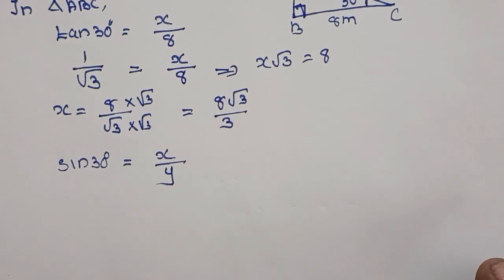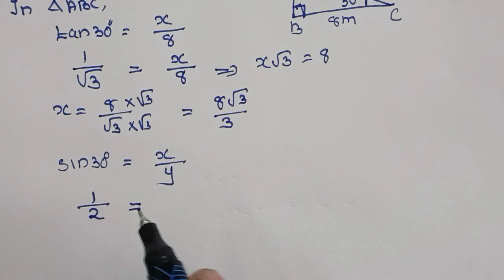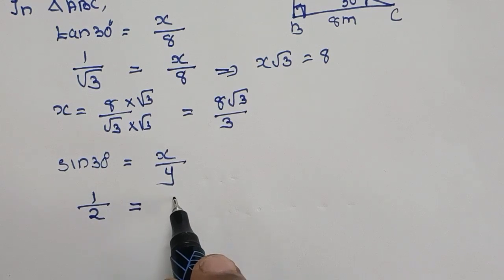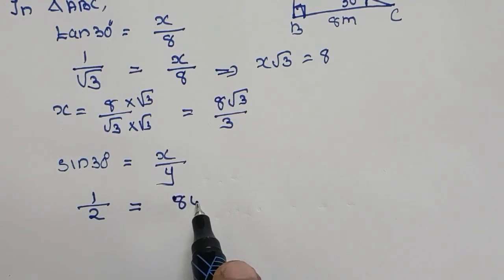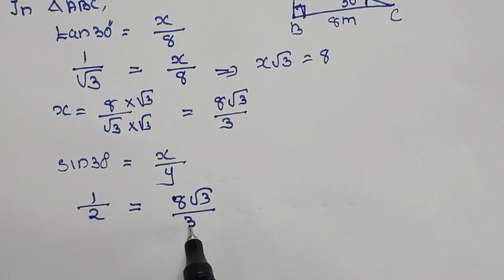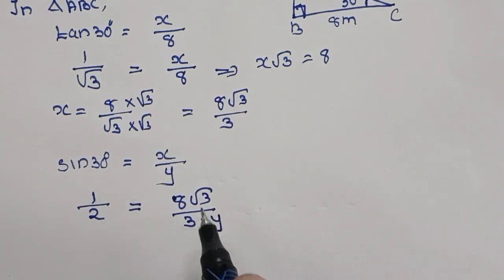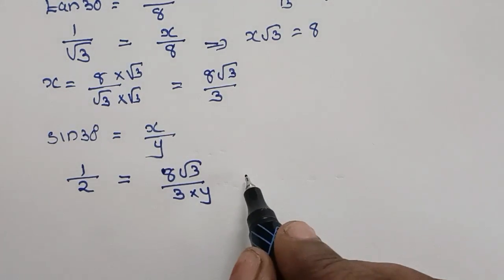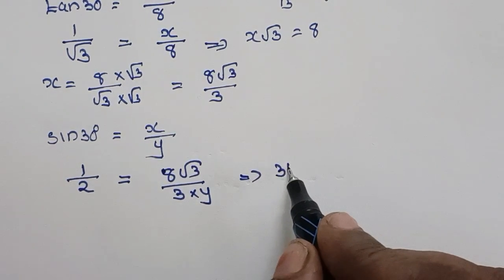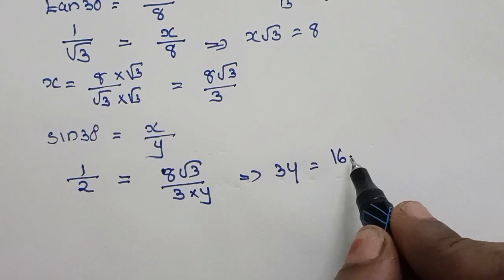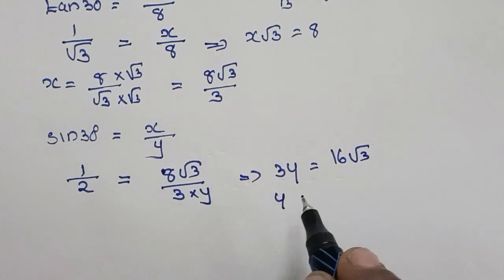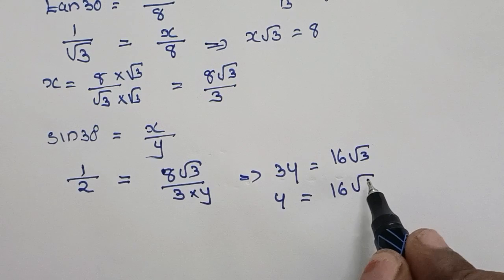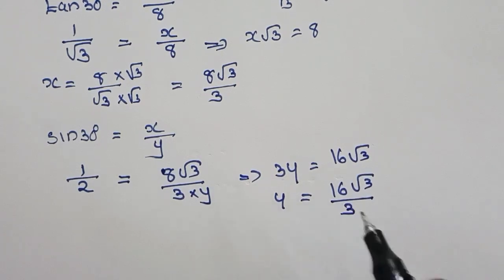Sine 30 is 1 by 2. 1 by 2 equal to x divided by y, value of x is 8 root 3 by 3, into y. Cross multiplying, we get 3y equal to 16 root 3. Therefore, y equal to 16 root 3 divided by 3.